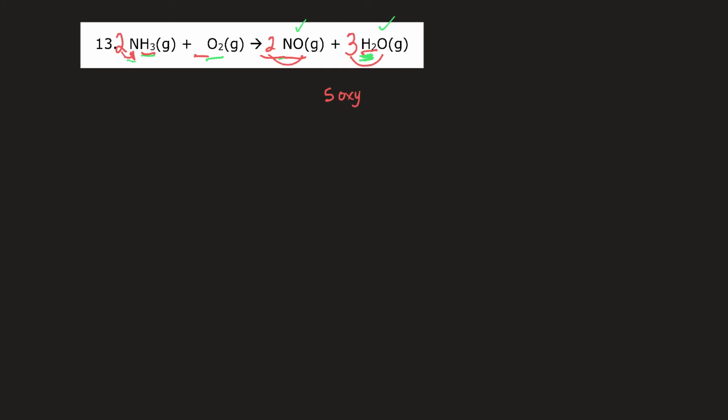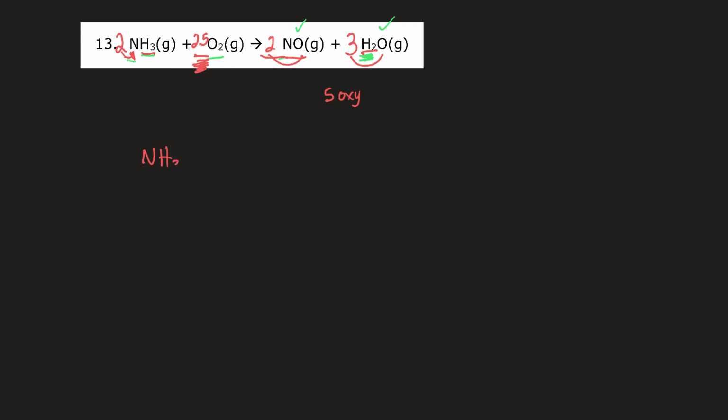Oh, well, that would be easy then. If I need to get 5, if I put a 2.5 there, that'll give me 5 oxygens. Let me see, 2 nitrogens, 6 hydrogens, 6 hydrogens, 5 and 5. Now, what I said before, it's probably a good idea not to have decimals. So to fix that, you just double everything.